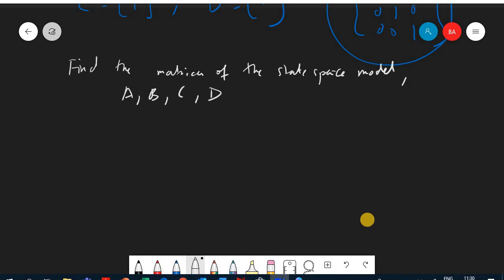Of course, if we had some time, or the capability to do it on MATLAB, we would do it. But in our position here, we are only going to request that you find the matrices.